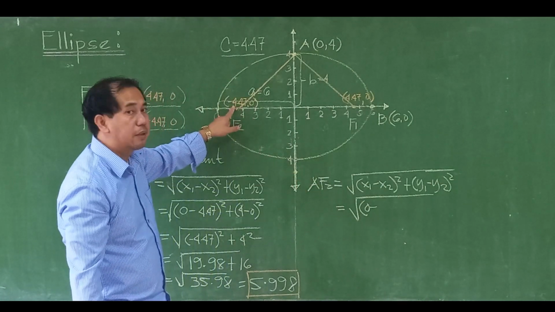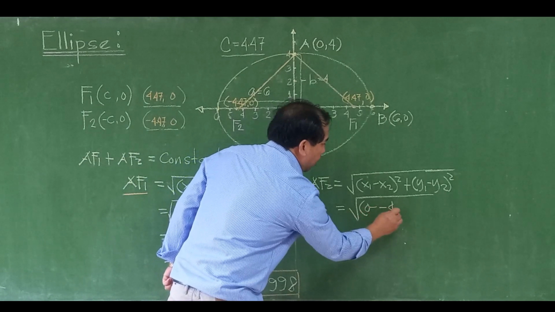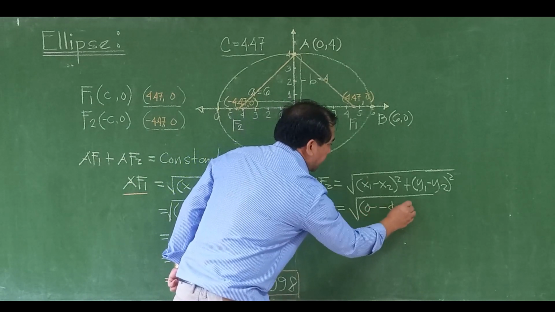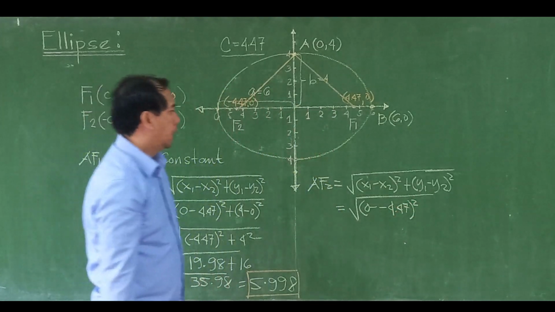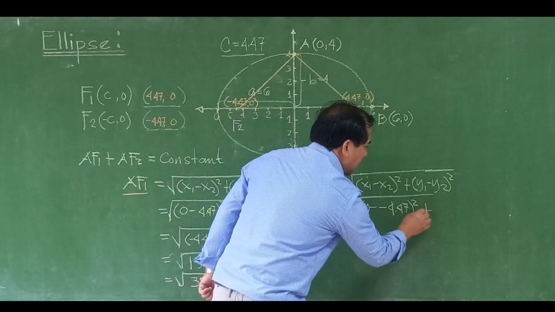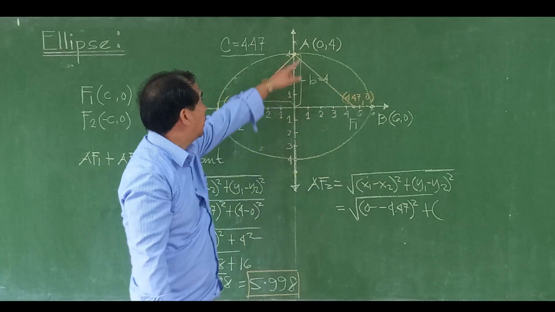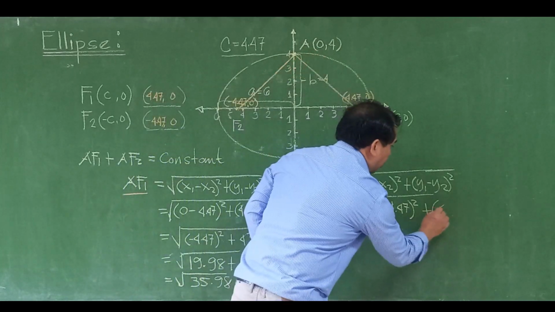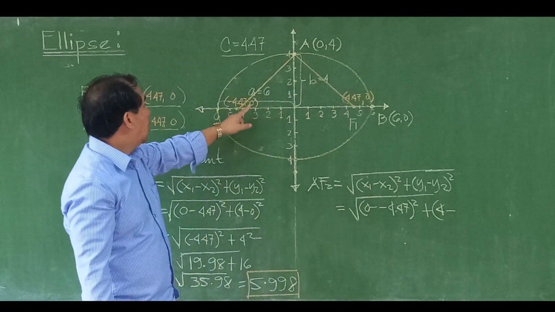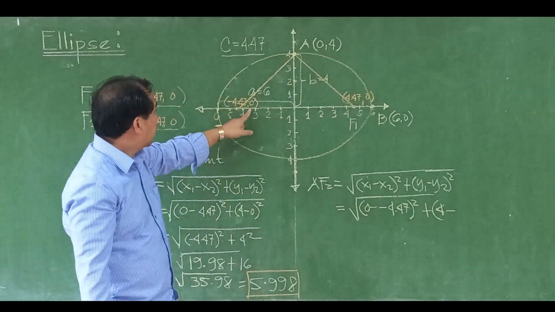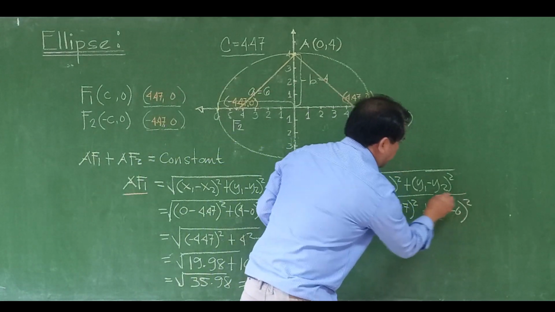That is the same as negative 4.47 raised to the second power. Now next, plus, what must be our y sub 1 in point A? That is the same as 4 minus y sub 2 in focus 2. That is the same as 0 raised to the second power.